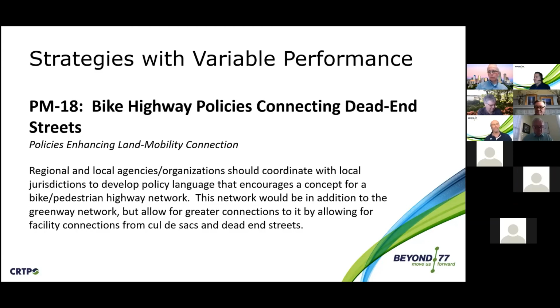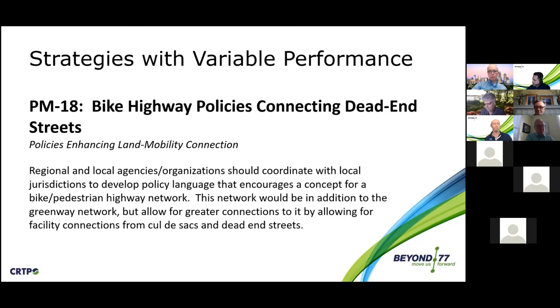That's the hard part. Because I know Charlotte had a connectivity policy and was trying to open up cul-de-sacs for vehicular traffic. But have people tried it just for bike and ped? We've made that recommendation in Huntersville, or I've made that recommendation in Huntersville as part of a comprehensive transportation plan.